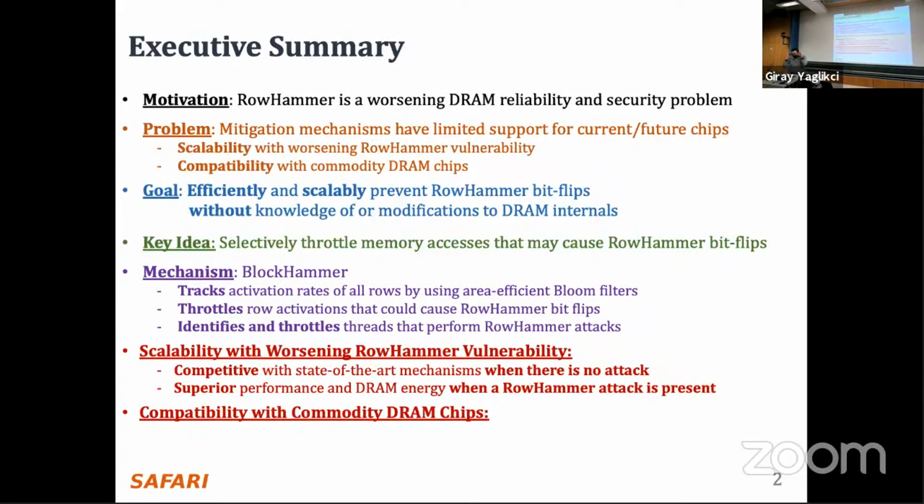We analyzed BlockHammer in various ways, and we show that BlockHammer does not require any proprietary information of DRAM internals and no modifications to DRAM circuitry. So it is both a scalable and compatible solution.